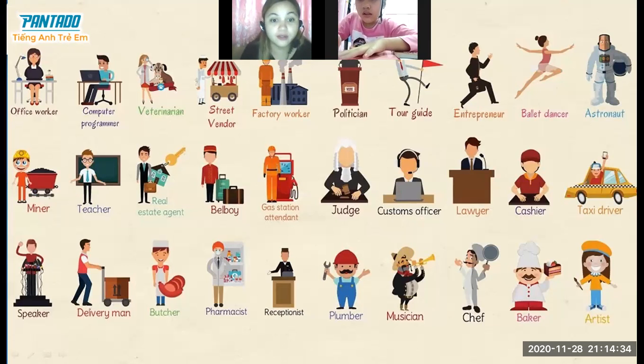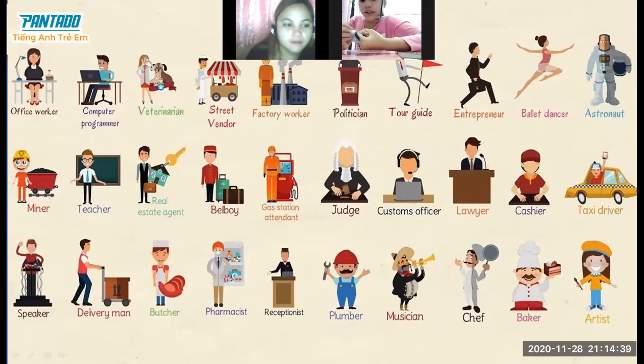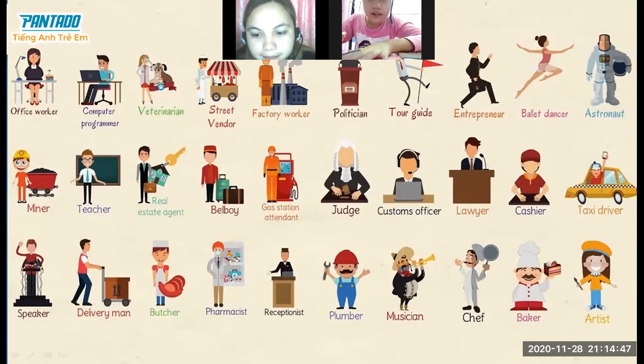works or jobs these are? Office worker. Computer programmer. Veterinarian. Street vendor. Factory worker. Politician. Tour guide.